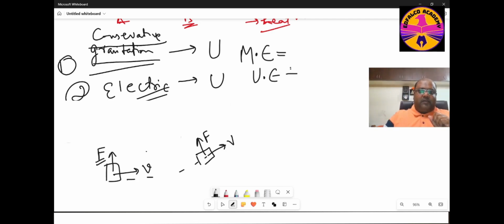And then obviously there will be another form of energy because of the motion, which is called kinetic energy. As the radius changes, as the height changes, as the position changes, the U energy, which is the potential energy, is going to change, and accordingly the kinetic energy is going to change, right? But the sum total of these two energies will remain the same for the entire system. So in the entire system, if the forces are conservative, the mechanical energy of the whole system is also going to remain conserved. So I hope this is clear.